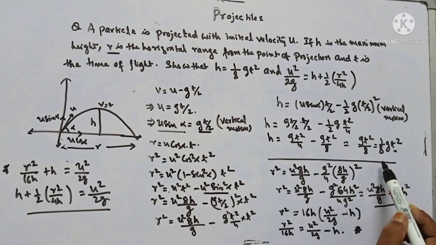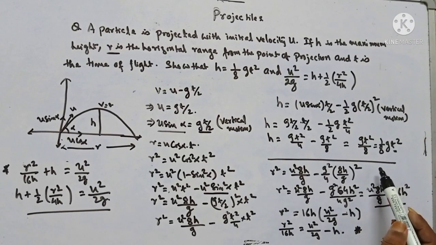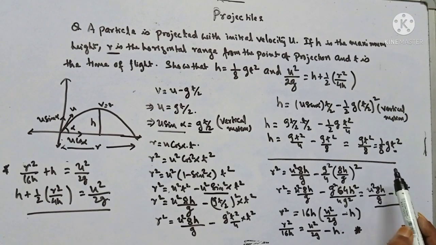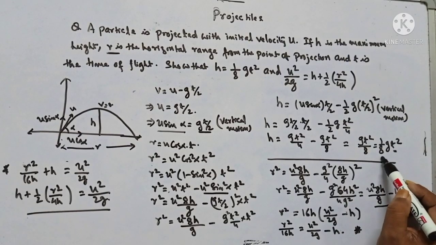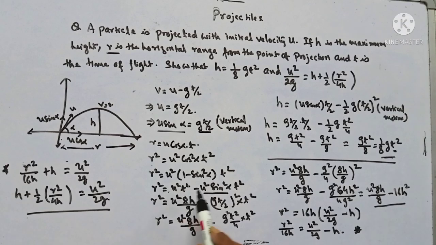We have proved this, that means u sine square, that means t square. Now from here, this value of t square I got from here.